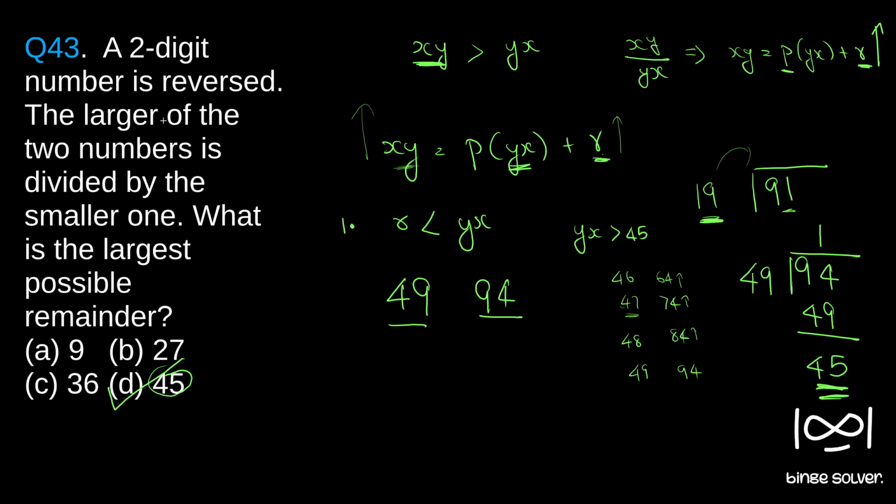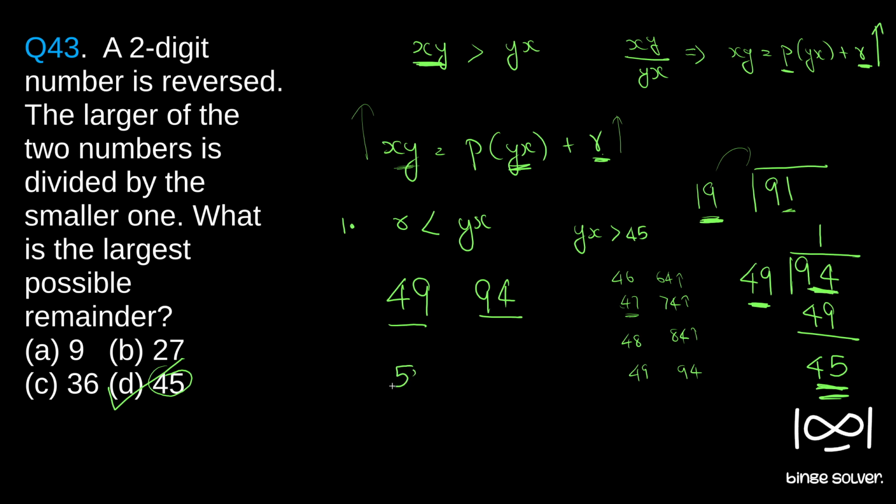We need the larger of the two numbers, the largest possible remainder. So 45 is the largest possible remainder we got. Will there be a remainder greater than 45? That is a question. If 49 reversal gives 94, we can think about 95, 96 and so on. Let's check one more, 95.